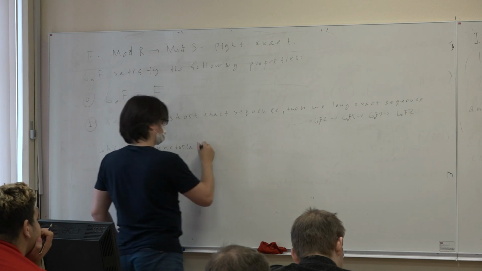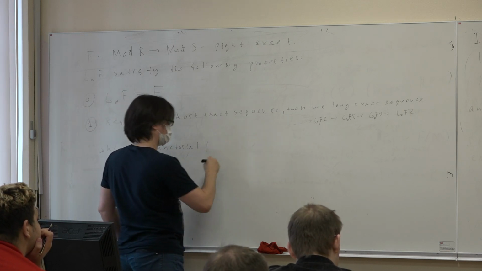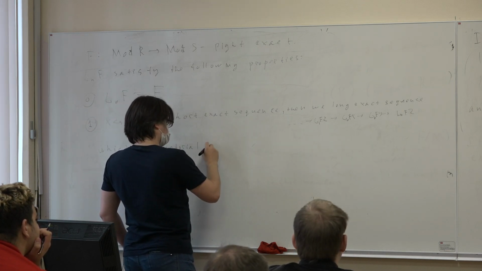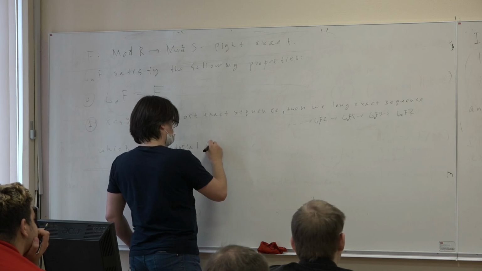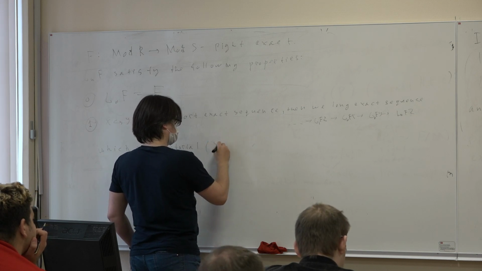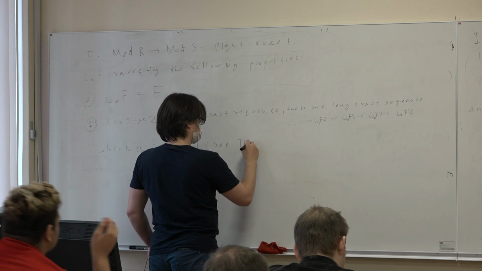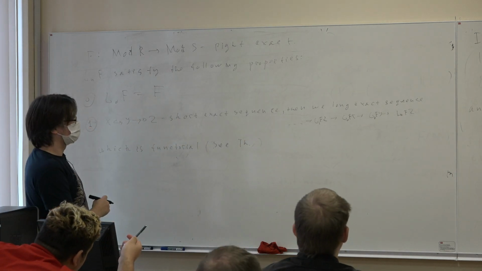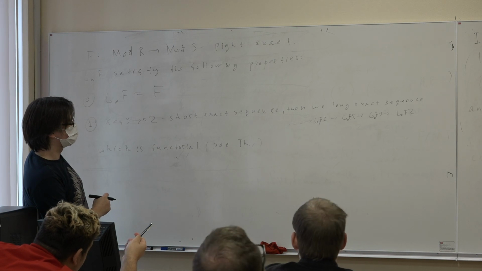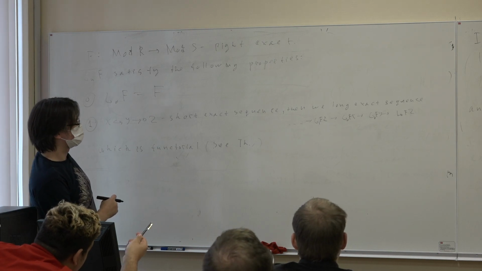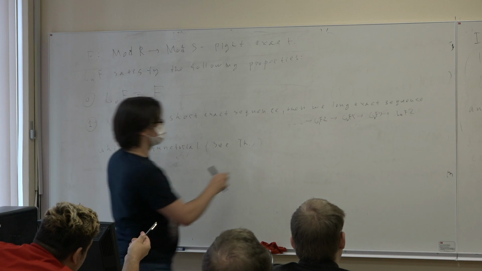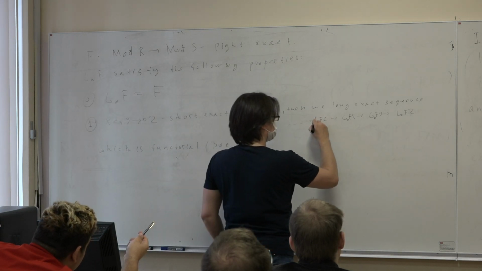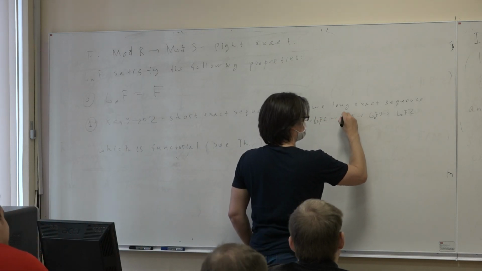What functorial means, I have already said in theory. So did you mean L1 of F Z? You wrote G1, G0, you mean L. It is L. Yeah, okay, absolutely.